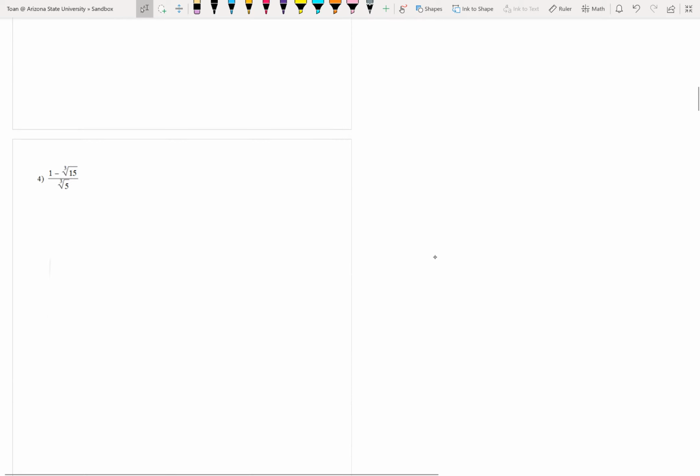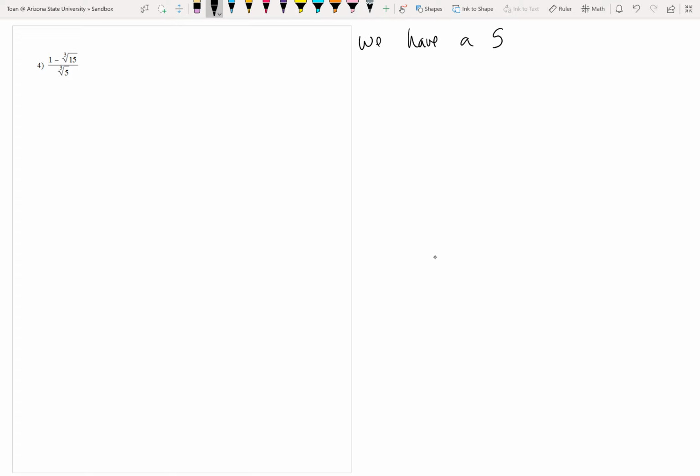Number 4 is the same idea, except we have a cube root instead of a square root. Now the idea is that an exponent of 3 will cancel out a cube root. Now take a look at our radicand here, the stuff inside the radical. It's a 5. We have just a 5. Now we want to cancel out the cube root of 5 cubed.